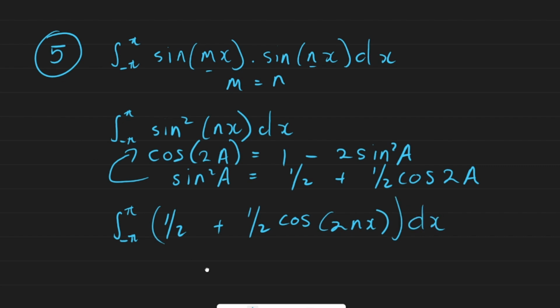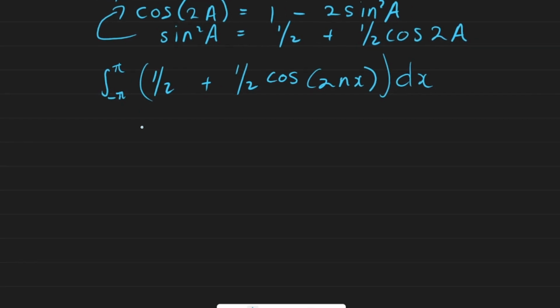So we integrate this in the same manner as we had done the last one. If we do that, the integral of half is just half x. The integral of cos is sine, so we have sine 2nx divided by 4n.